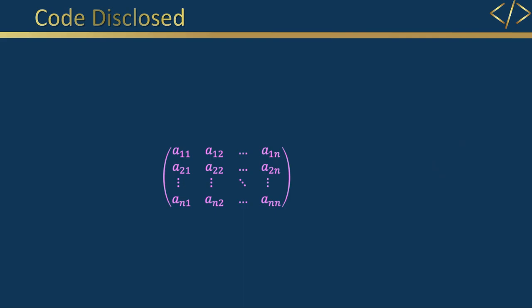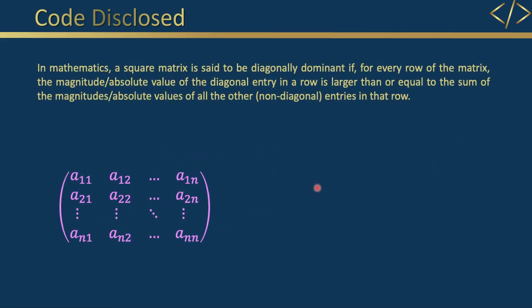How do we make sure that this matrix is diagonally dominant? The main thing is to look at the diagonal entries at each row. For the first row it is A11, for the second row A22, for the final row Ann. These are the diagonal entries.